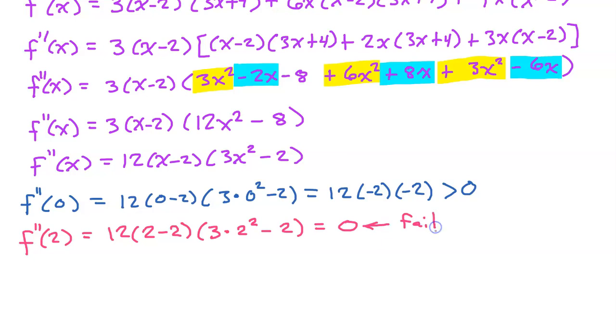The second derivative test doesn't tell us anything about whether there is a relative max or a relative min at x equals 2 when the second derivative is 0. It only works out when the second derivative is either positive or negative. So normally that would mean that we would need to go back and do the first derivative test to see what's going on at 2.